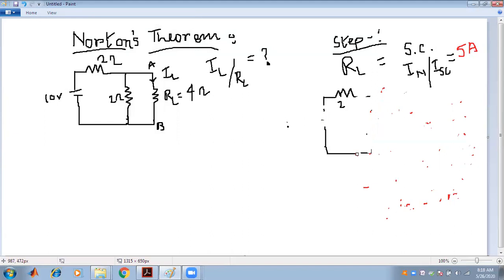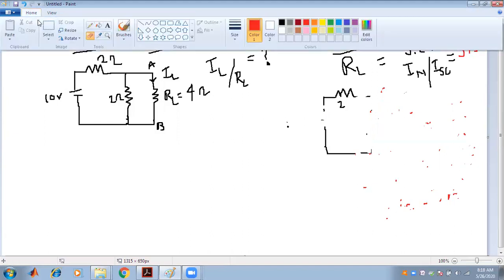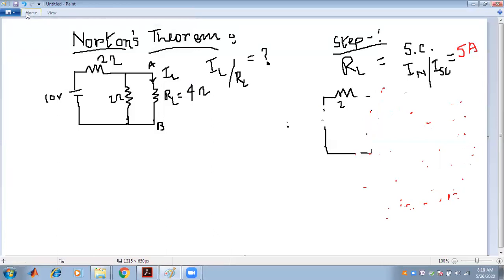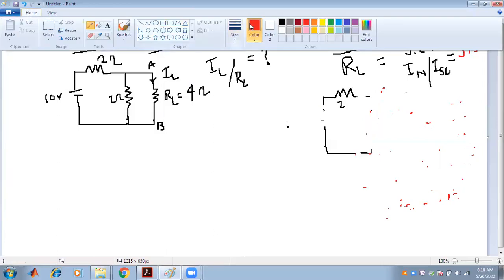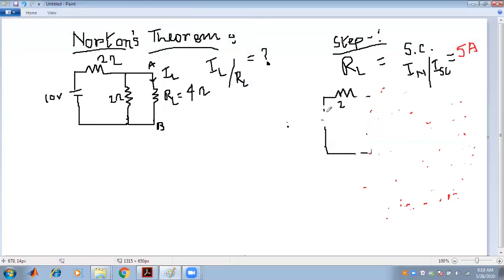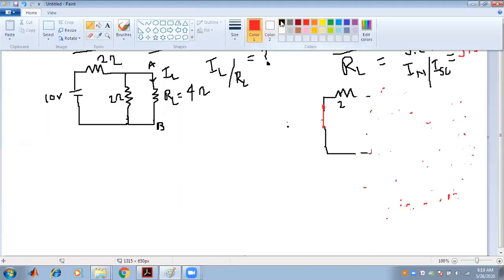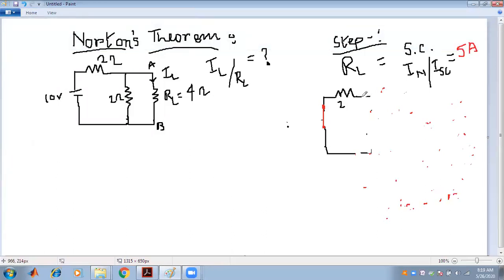So let us take the approach to step 2. The voltage source is short circuited. Means the 10 volt voltage source is short circuited, followed by that 2 ohm.